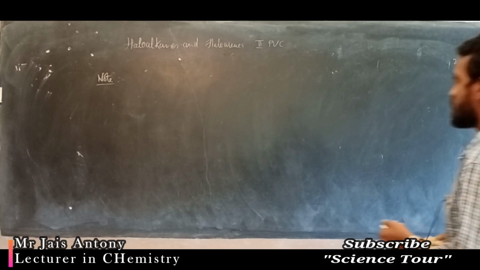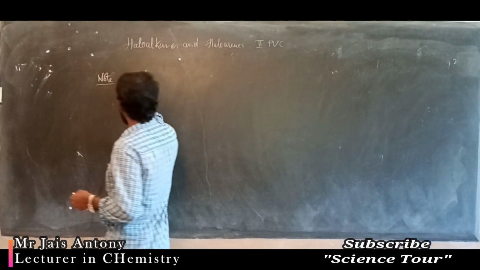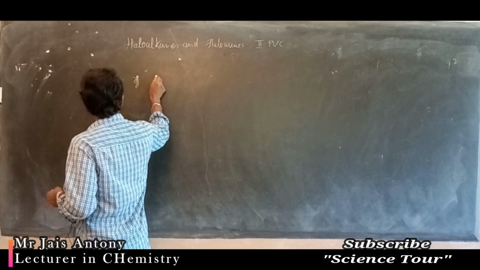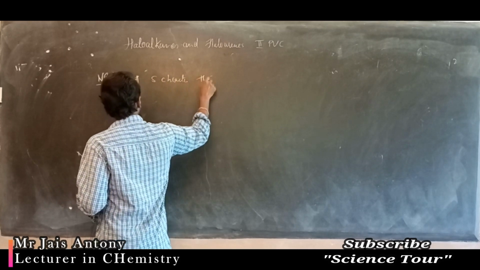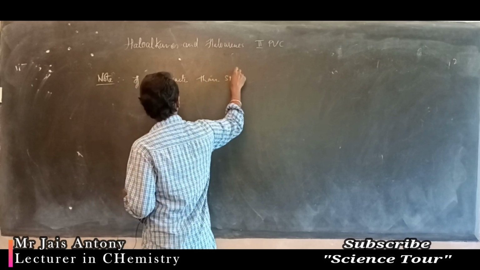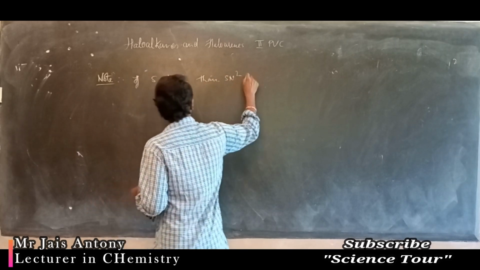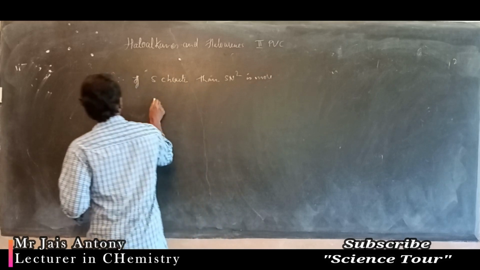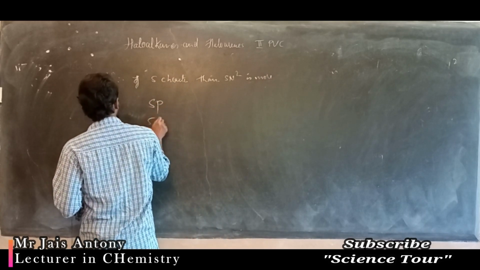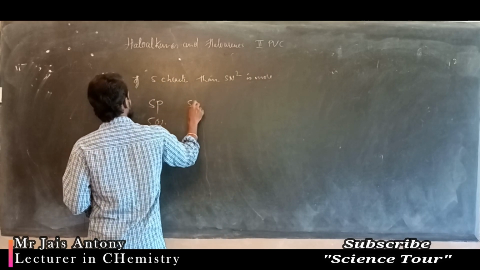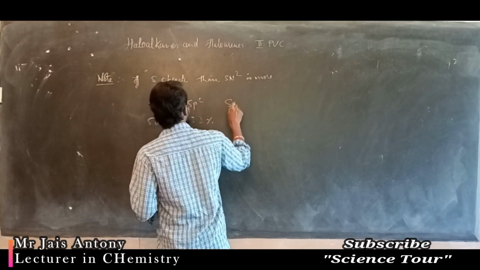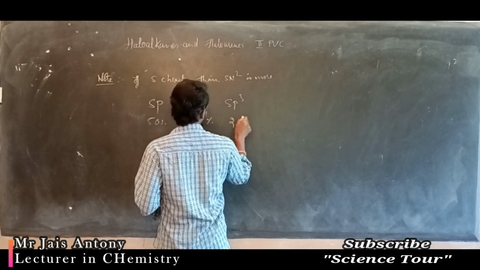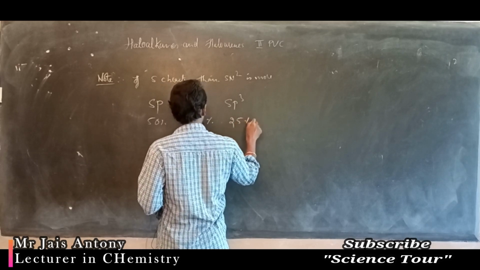Okay students, next note is, if S character increases, then SN2 reaction favors, SN2 is more. That means SP has 50% S character, SP2 33.3% S character, SP3 25% S character.